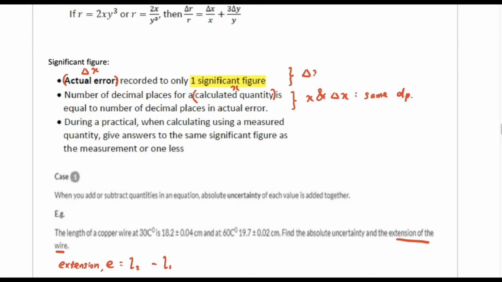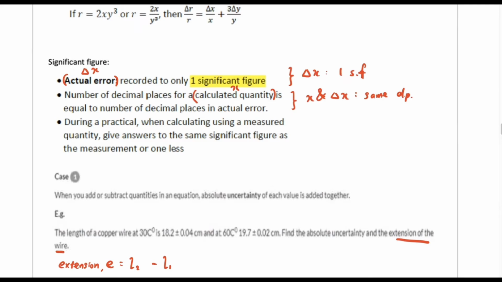First, delta x, one significant figure. Second, x and delta x have the same decimal places. So that is the guideline. Okay, so during a practical, when calculating using a measured quantity, give answers to the same significant figures as the measurement or one less.